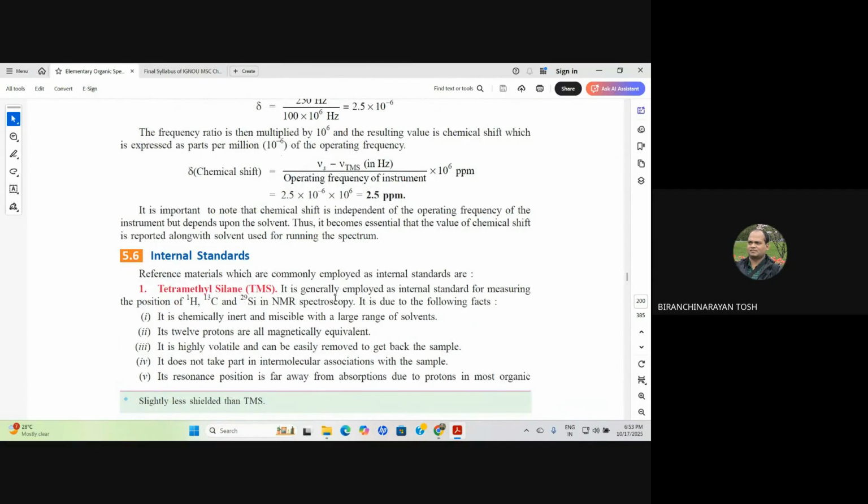Now the internal standards. Reference materials which are commonly employed as internal standards. Two types of internal standards are there. One is tetramethylsilane, another is the sodium salt of 3-trimethylsilyl propane sulfonate.